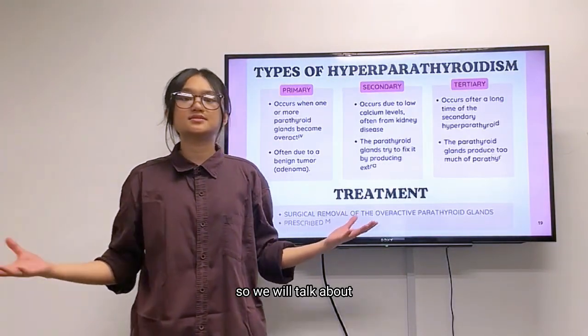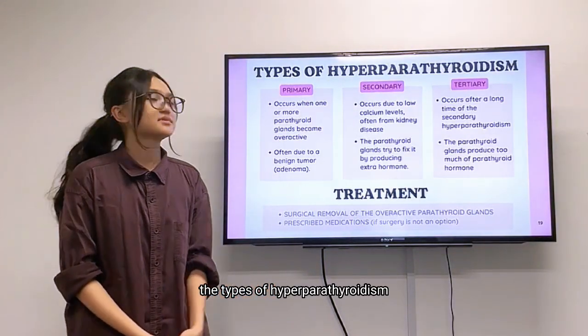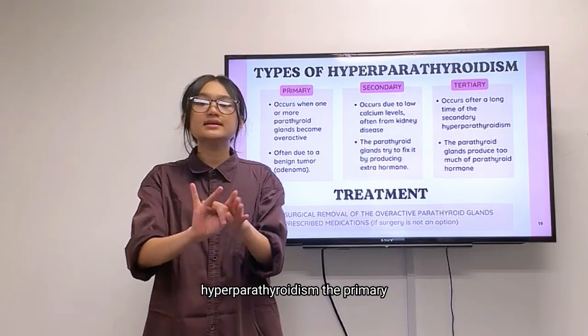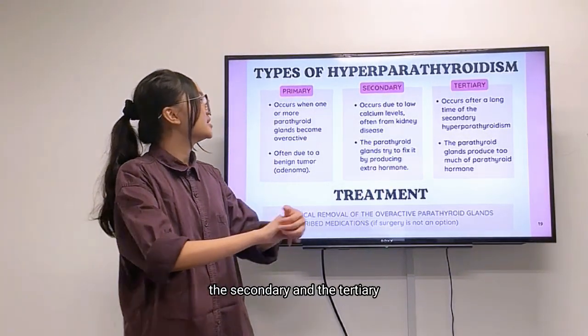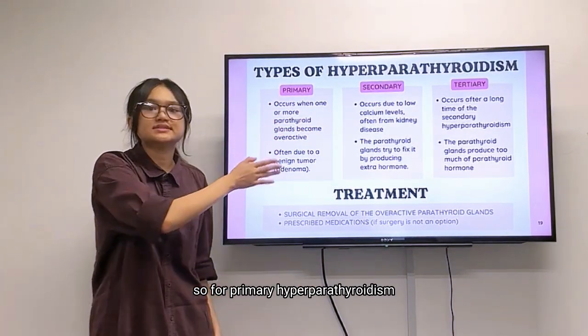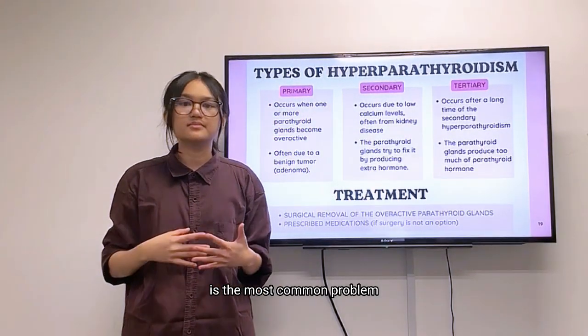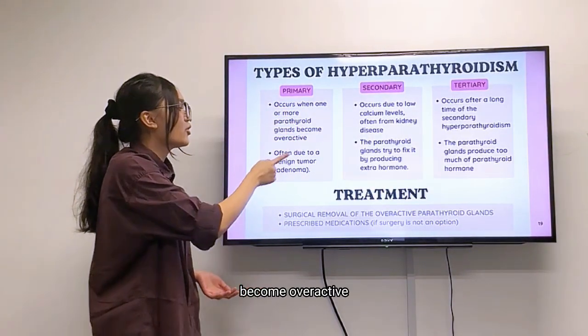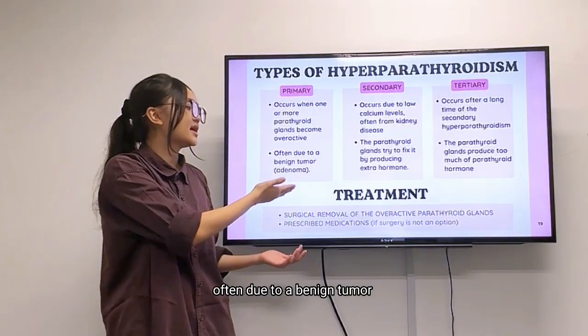So we will talk about the types of hyperparathyroidism. There are three main types of hyperparathyroidism: the primary, the secondary, and the tertiary. So we will talk about the primary first. Primary hyperparathyroidism is the most common problem. It occurs when one or more parathyroid glands become overactive, often due to a benign tumor.